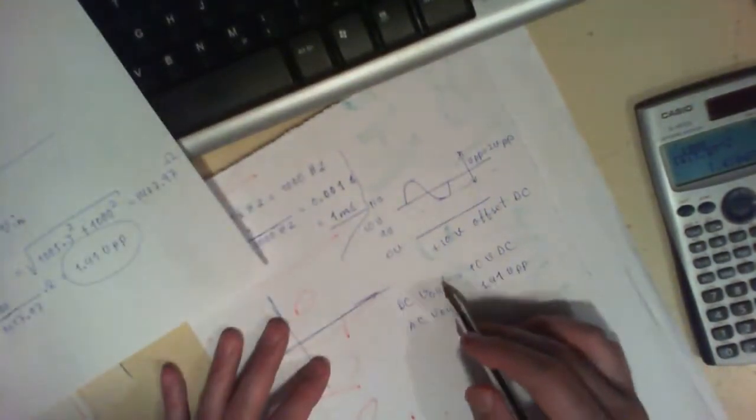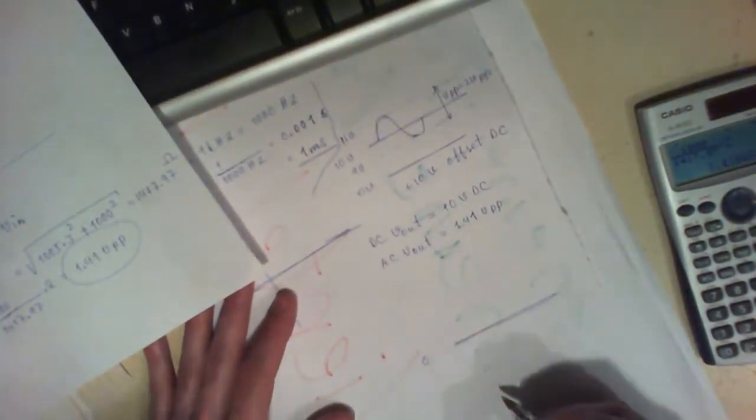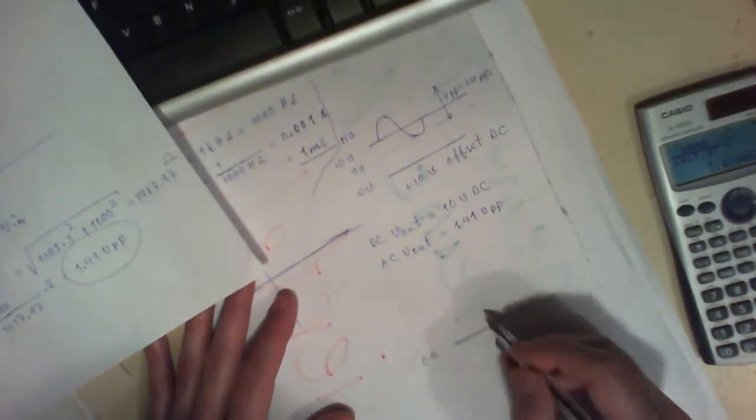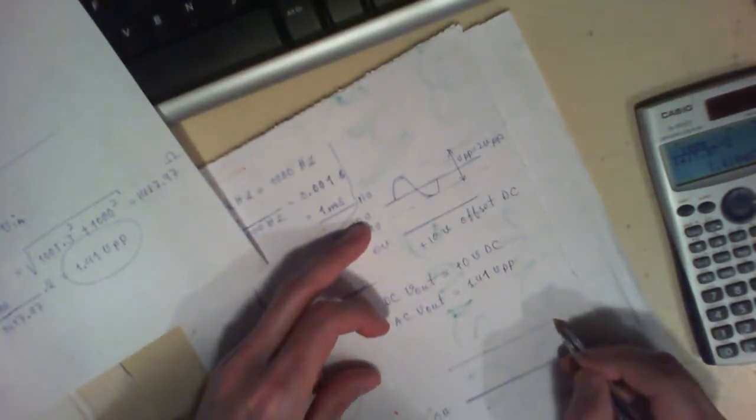Okay, so now what that means is that you have again 10 volts offset. Let's say this is the same reference line over here, 0 volts, and then you have the same offset voltage, 10 volts.